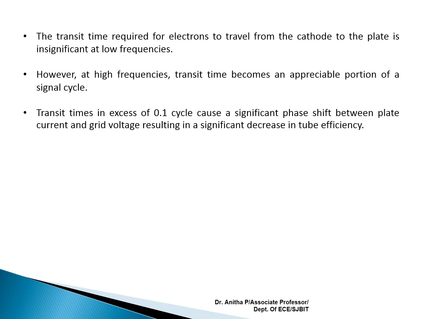Transit time in excess of 0.1 cycle causes a significant phase shift between the plate current and the grid voltage, resulting in a significant decrease in tube efficiency. All these three effects, in the same manner as the previous ones, limit the use of conventional tubes at very high frequencies, as does the gain bandwidth product.